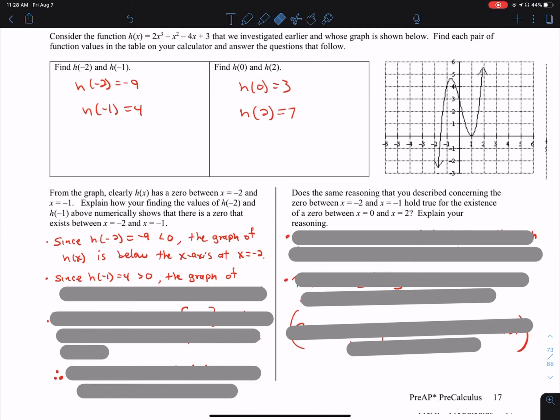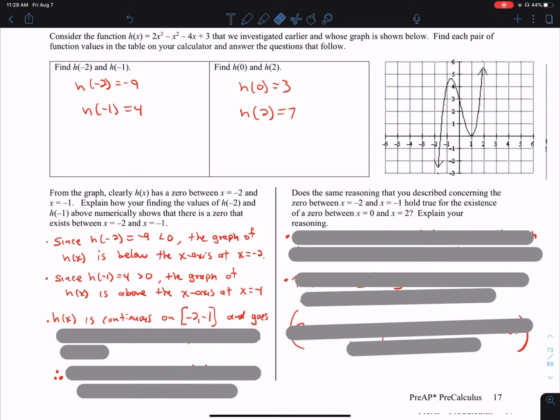Since h of -1 is equal to 4, which is greater than 0, the graph of h of x is above the x-axis at x equals -1. So we just established that at -1, the graph is above the x-axis. h of x is continuous from -2 to -1. There's no breaks in the graph, and it goes from below the x-axis to above the x-axis.